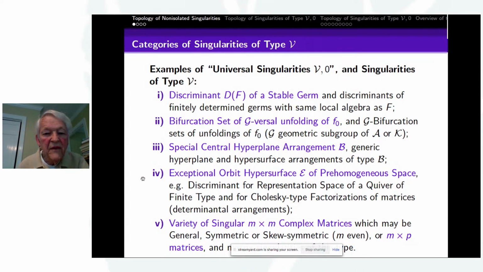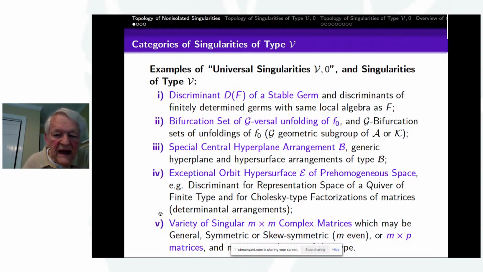Fourthly, an important class of things which I will shortly describe are exceptional orbit hypersurfaces of prehomogeneous spaces. These include not only the kinds of things we'll be interested in with matrices, but also enter into working with quivers and certain kinds of factorization problems where you have varieties which obstruct the factorizations.